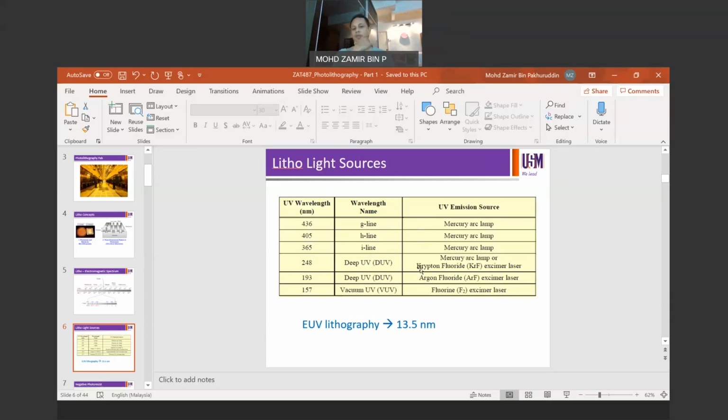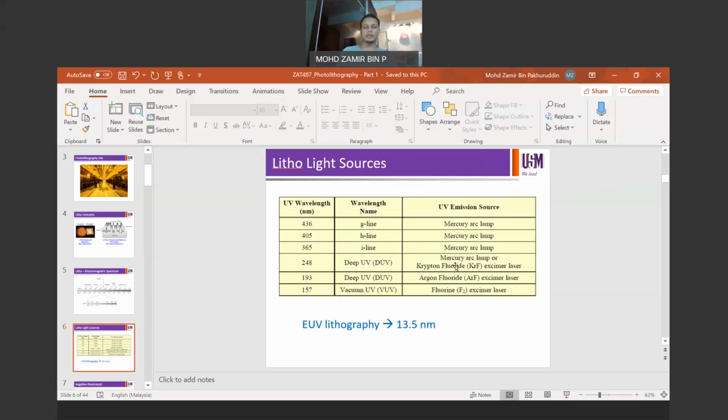When you go to 193, it uses ARF excimer laser as well. So you can see that below I line, everything is based on excimer laser illumination systems. 193 belongs to ARF excimer laser, and if you go for 157, it uses fluorine-based excimer laser.